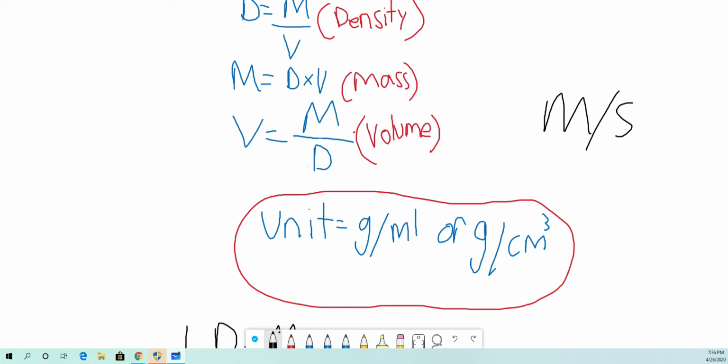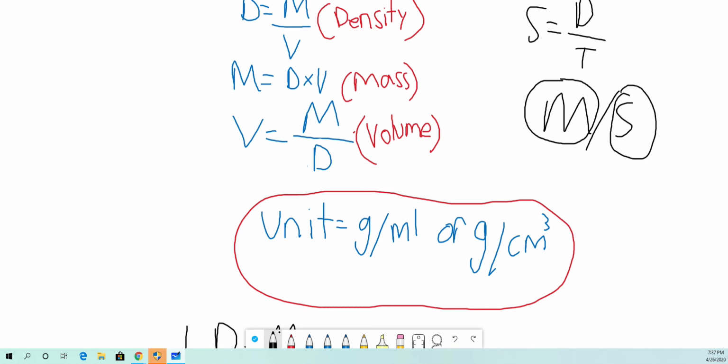That was because speed was your distance over your time. So we took the unit for distance and divided it by your unit for time. Meters over seconds. Meters per second.